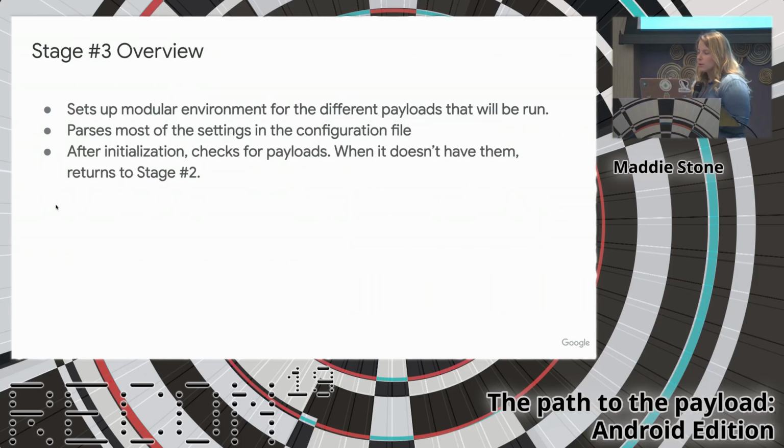So stage 3 we're not going into. It is interesting and a lot of fun, but this is just getting to the payload, not analyzing the payloads. The purpose of stage 3 is to set up a modular environment in order to allow many different types of payloads to run. When analyzing these payloads, it seems quite likely that people are paying them to distribute their payloads with different capabilities.